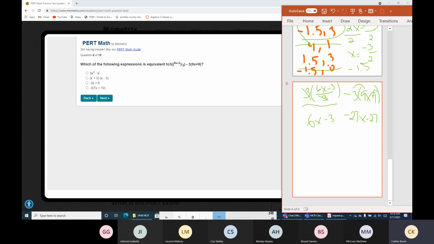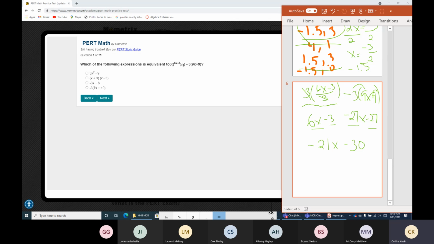So what can we do here? So we can put these guys together, right? So I've got 6x minus 27x, that's going to be minus 21x. And then I've got minus 3 minus 27 more, that's going to be minus 30. Okay. So that's a perfectly good answer, but I don't see that answer.